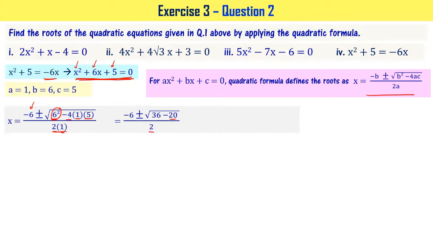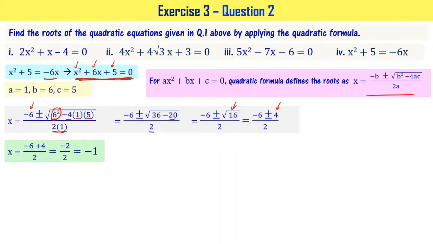When you simplify this further, I can write it as minus 6 plus or minus square root of 16 divided by 2. Square root of 16 is equal to 4, right? You have minus 6 plus or minus 4 divided by 2 as the value of x. I can take the plus sign in between minus 6 and 4 such that I can write it as x equal to minus 6 plus 4 divided by 2, that is minus 2 by 2, that is equal to minus 1.